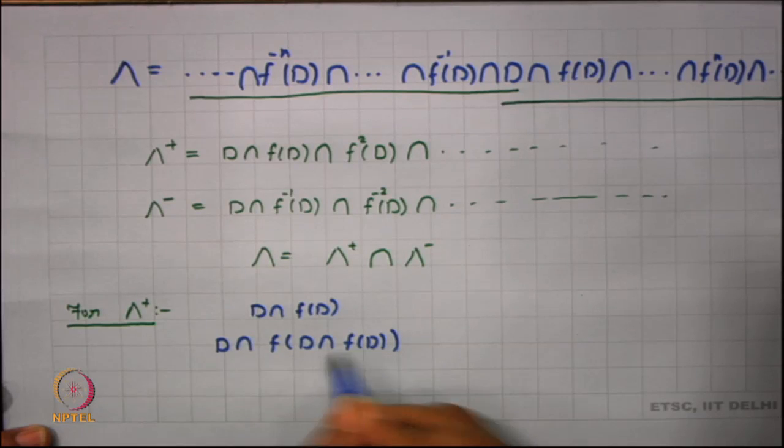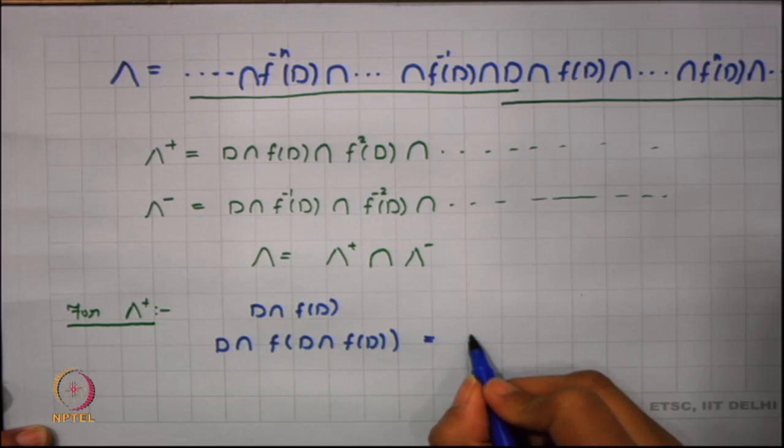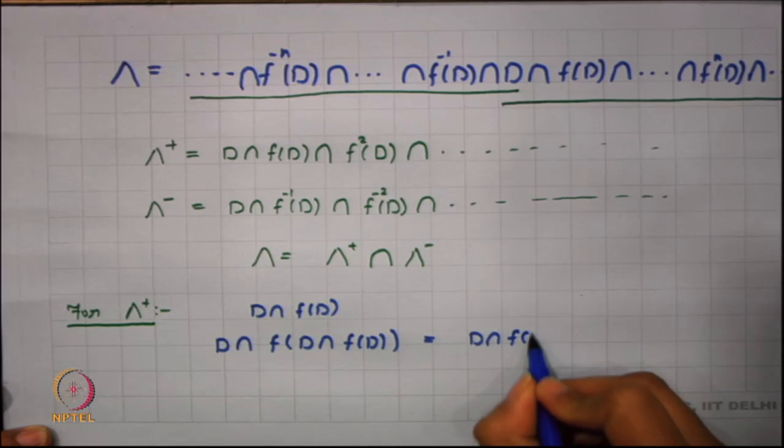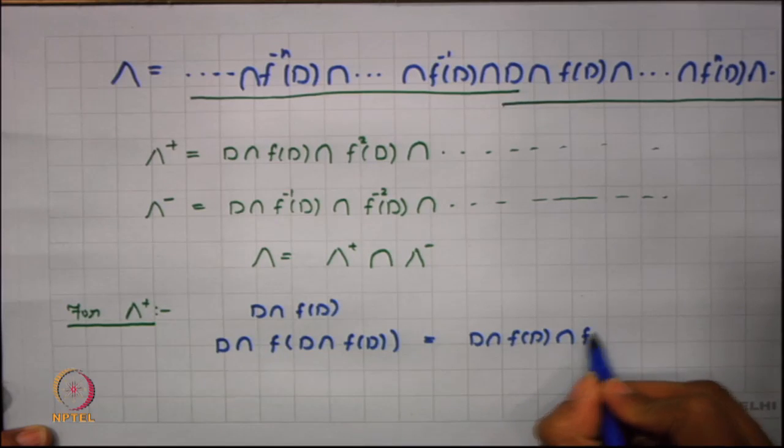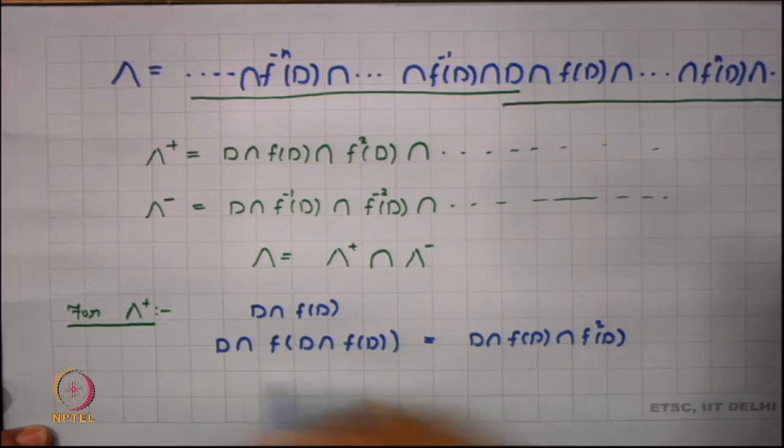Now, we know that this is nothing but D intersection F of D intersection F square D, right.